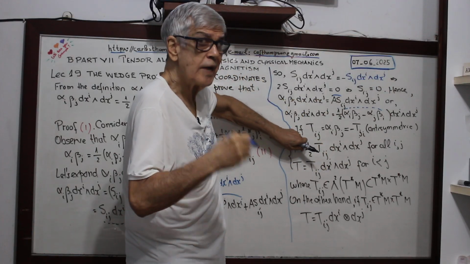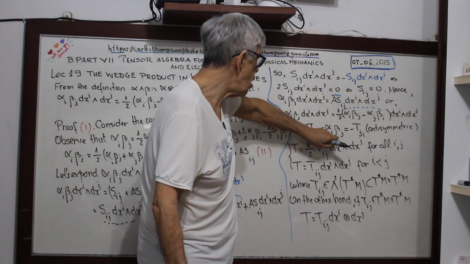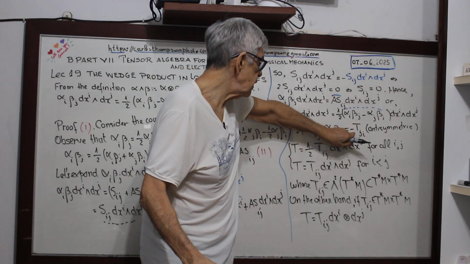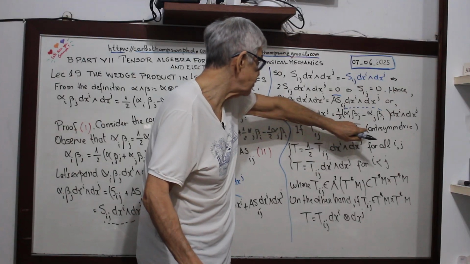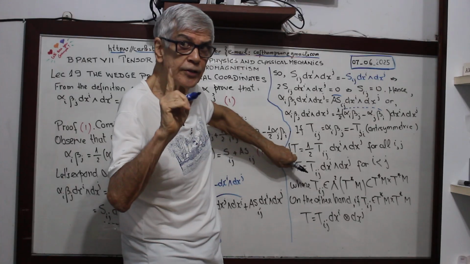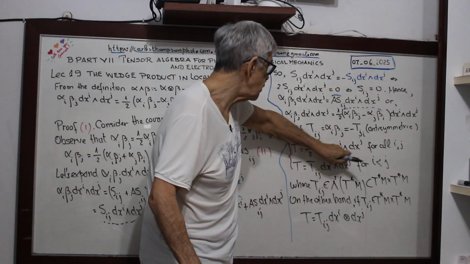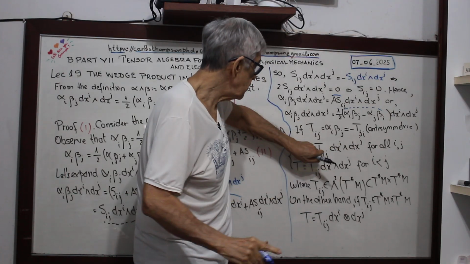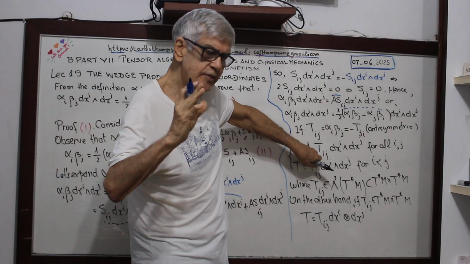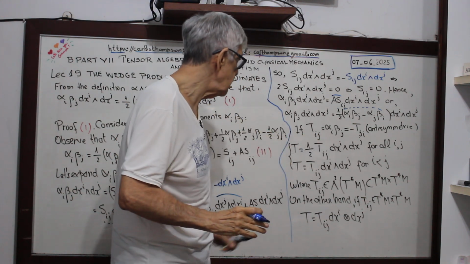Now I can set, for instance, T_ij equal to alpha_i alpha_j, assuming that it is antisymmetric. Then I can expand the invariant tensor T as 1/2 T_ij dx^i wedge dx^j. Again, T_ij in this case is antisymmetric.